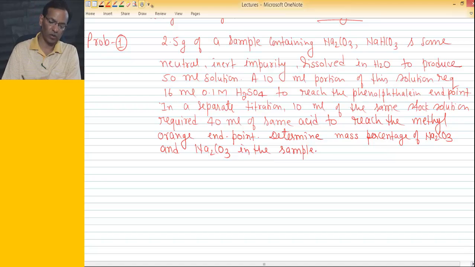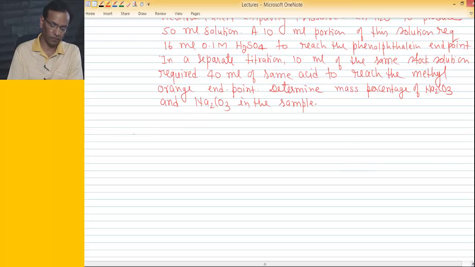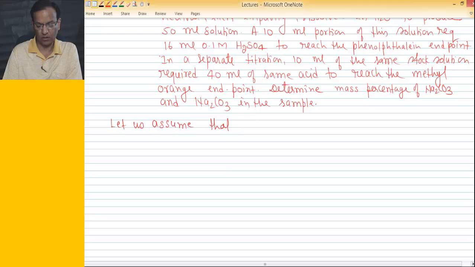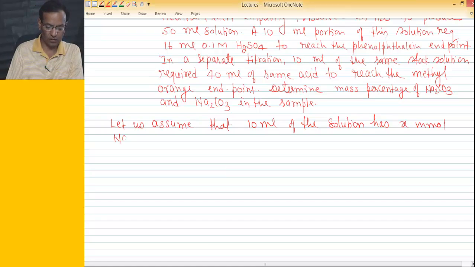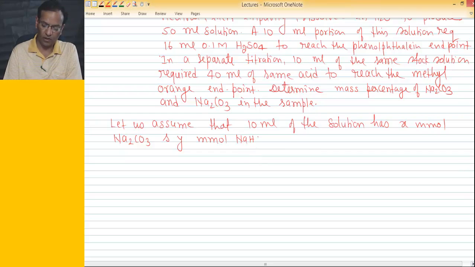So let us assume that 10 ml of the solution has, say, x millimole sodium carbonate and y millimole sodium bicarbonate.